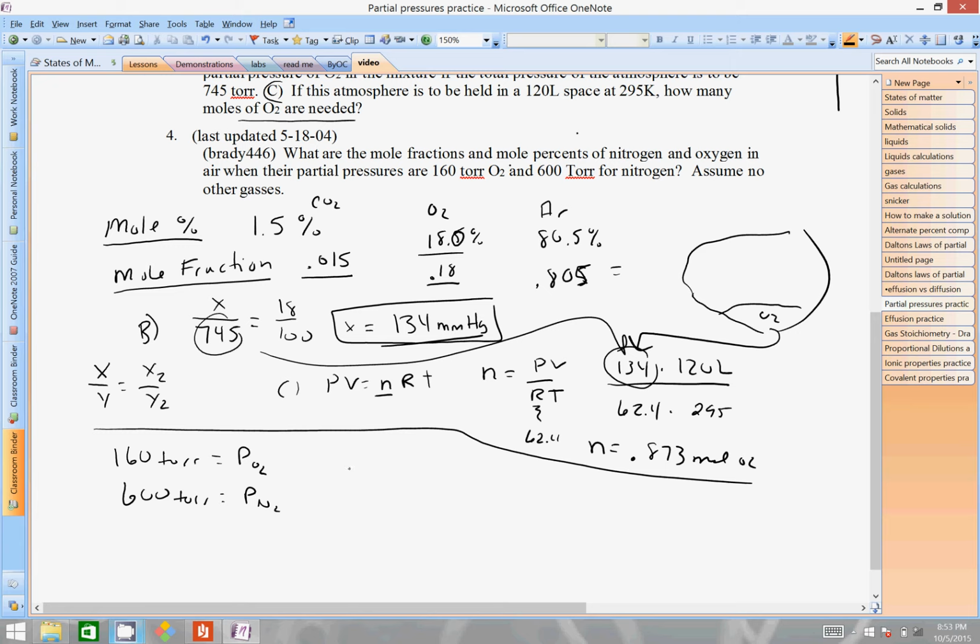Mole fraction for the O2 is the moles of O2 divided by total moles. In this case they have not given us a sample size, so we can simply set one. We need to get moles, so PV equals nRT, and I want to solve for moles. So n equals PV over RT. For pressure, I want to put in just the pressure of this gas.